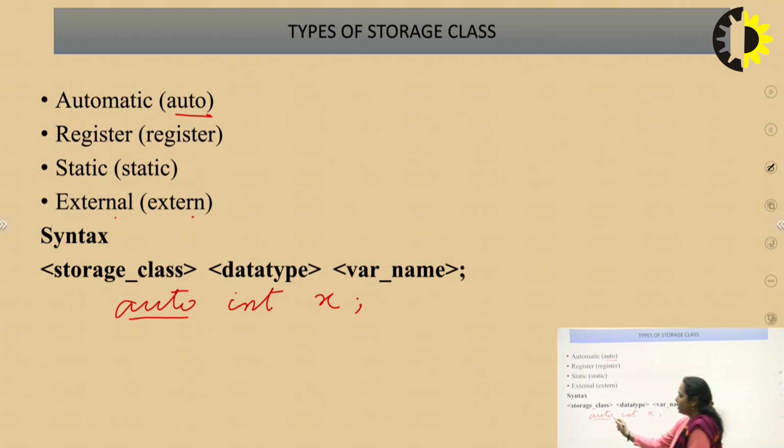So this keyword auto is responsible for all 4 points: the memory utilization of x, that is whether the value is stored in system memory or in a CPU register; second, the default value stored within x; third, the life of the variable; and fourth, the scope of the variable.